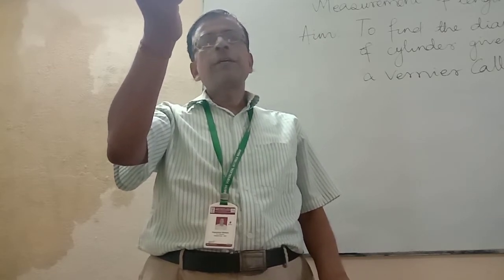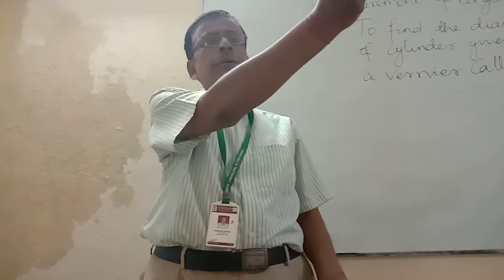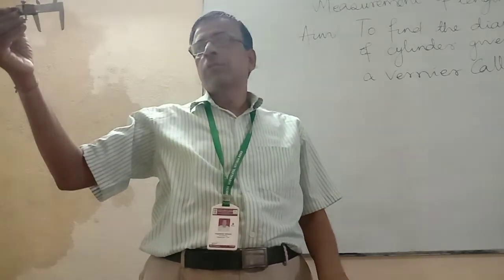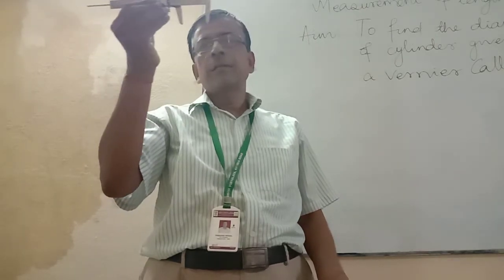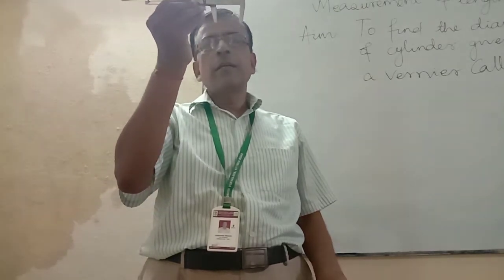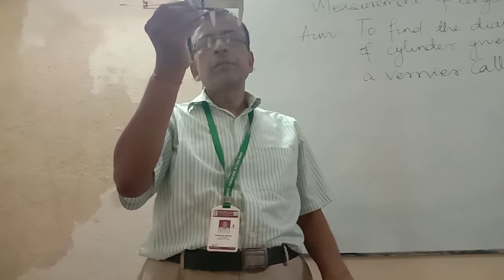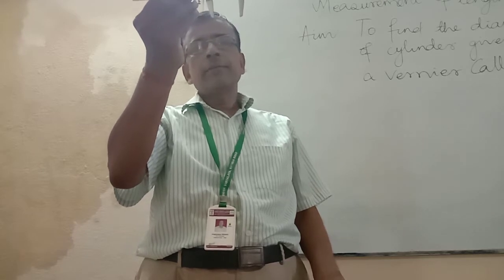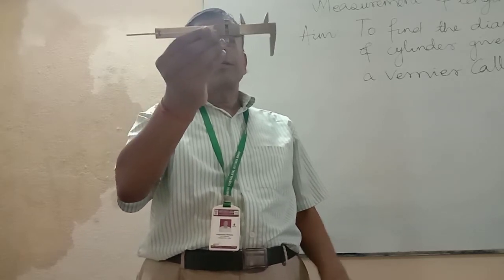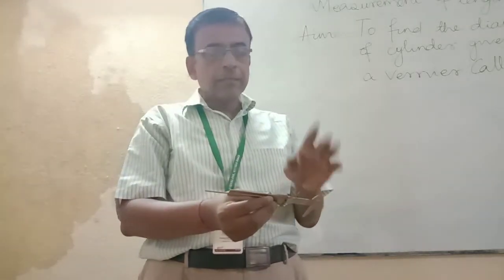So you are not supposed to look from left or right. Always keep it in front of your eye, perpendicular, at a right angle to your eye. This way you can find the exact reading.